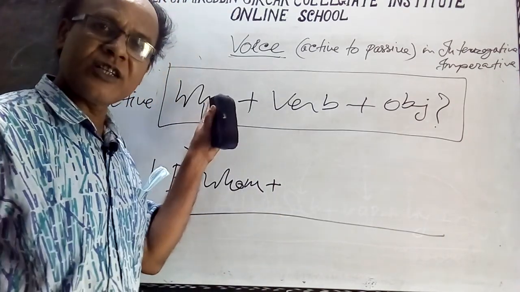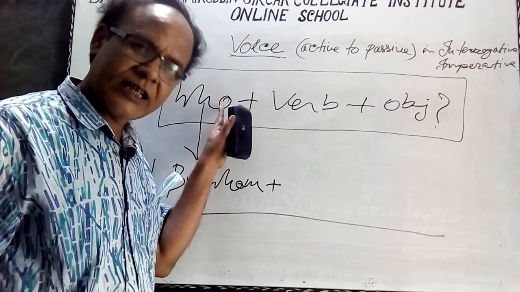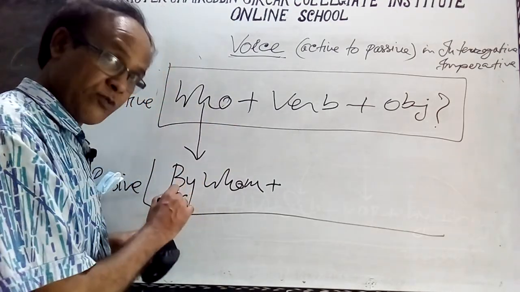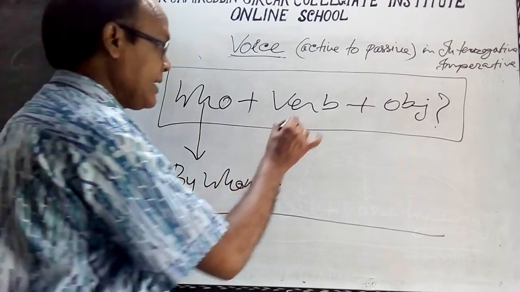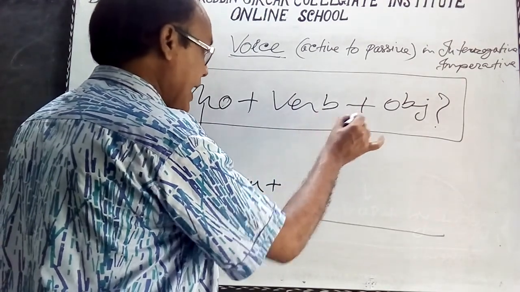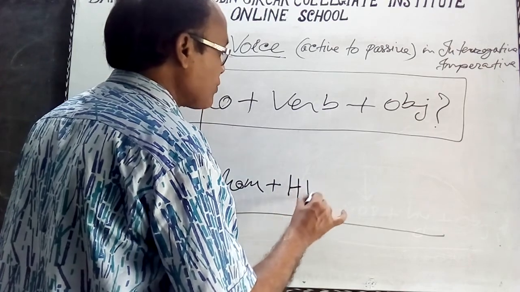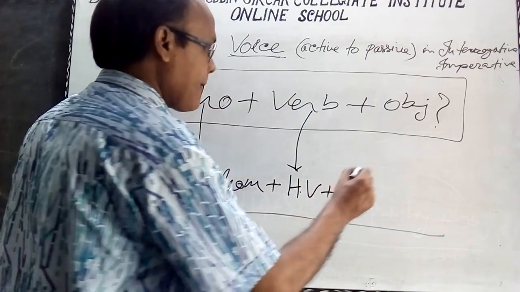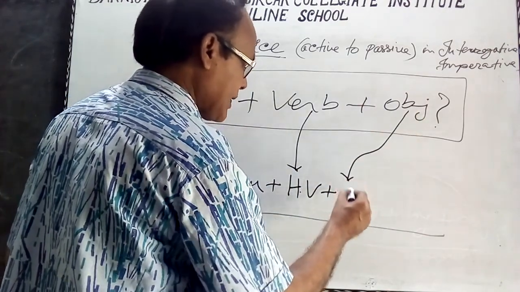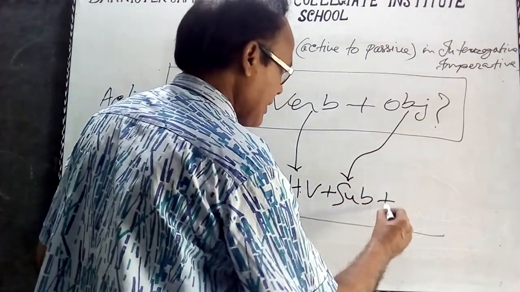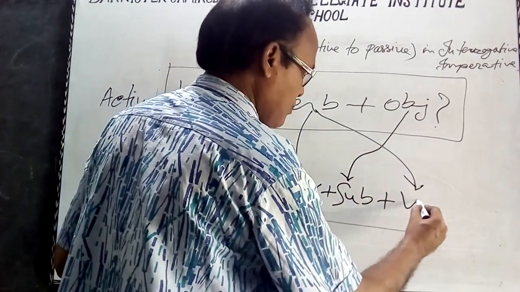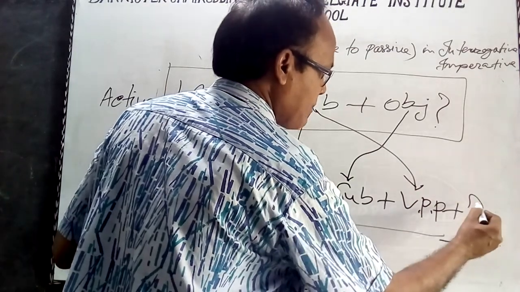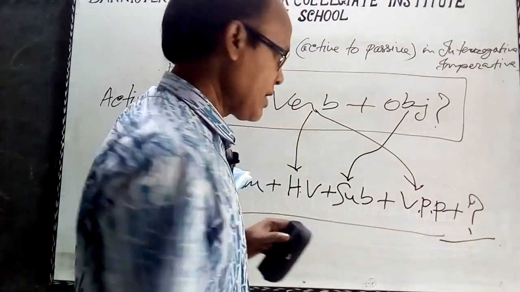If the sentence begins with who in the active voice, the sentence in the passive voice must begin with by whom. Then the helping verb according to the tense, and the object will be the subject, and the verb will be in the past participle form. Then the helping verb. Then the note of interrogation.